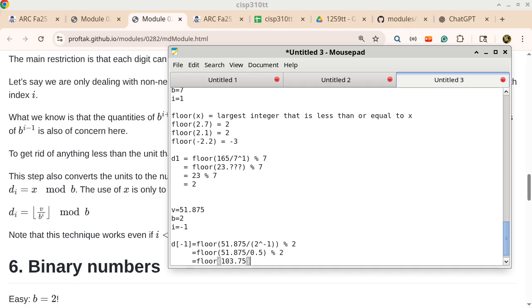So this would be 103.75, I think. Okay, let me double check. Mental math: 0.875 times 2 is 1.75, and 51 times 2 is 102, plus the 1 from the carry. So I think that is correct. Does anyone want to check?